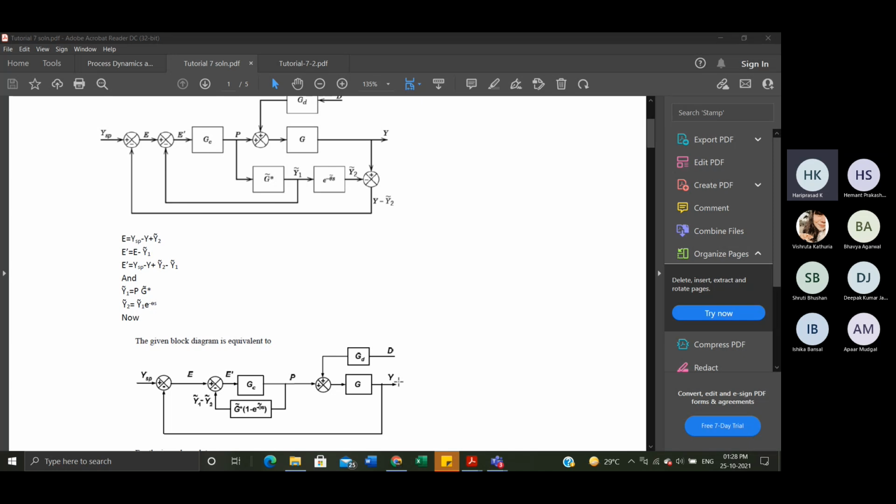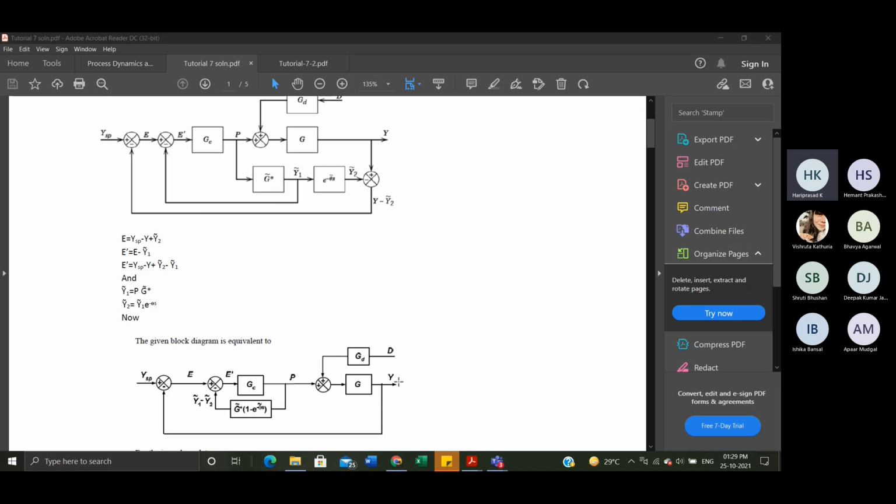Now this new Y2 tilde, we have to write it as a function of the output, since Y1 tilde is also connected. If you are connecting to the second comparator, the output of that transfer function is P. So now you have to write Y2 tilde as a function of P, so that you can connect it back.